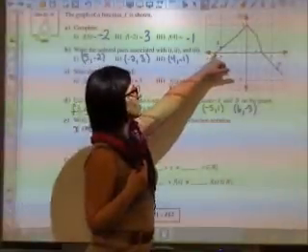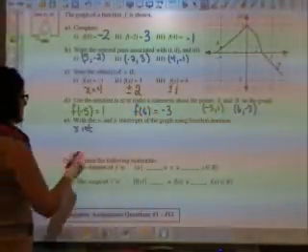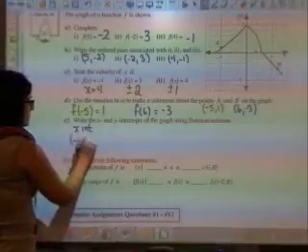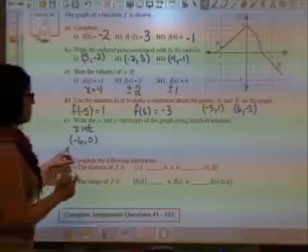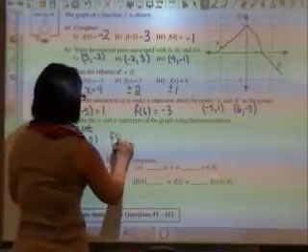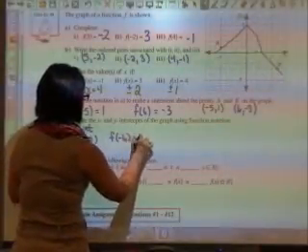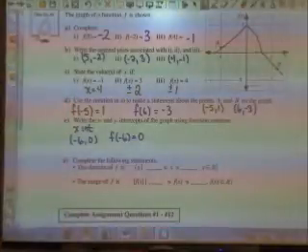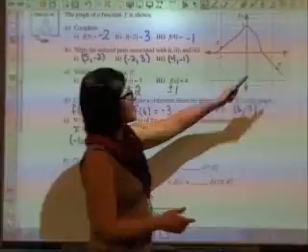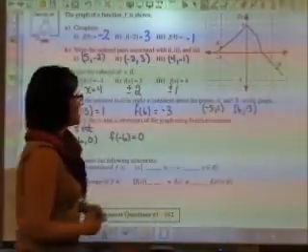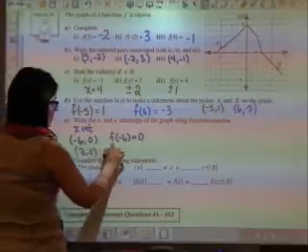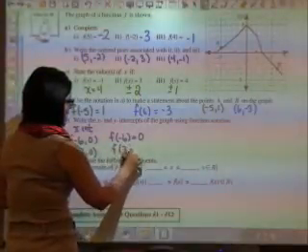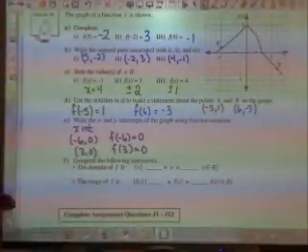This first one, the coordinates are negative 6 and 0. So function notation would be f at negative 6 equals 0. If I look at the next one, the next x-intercept is right here, which is at 3 and 0. So f at 3 would equal 0.